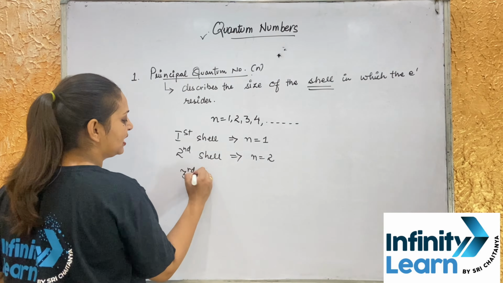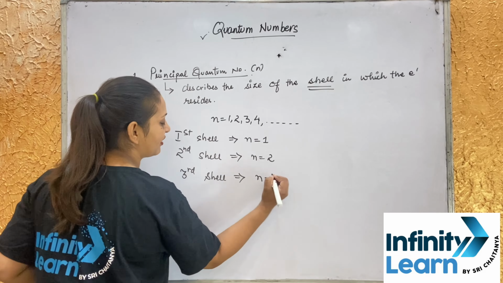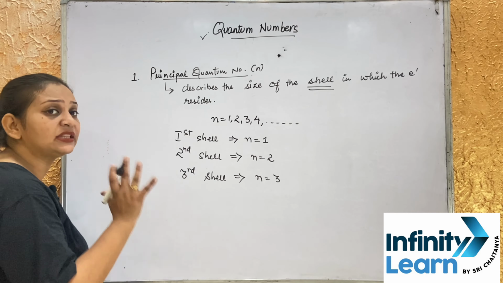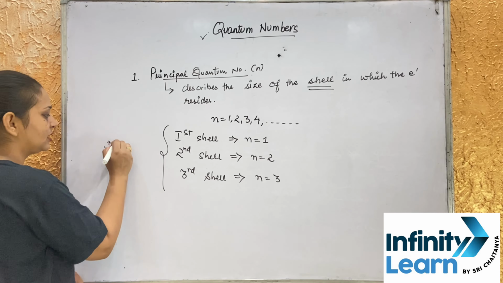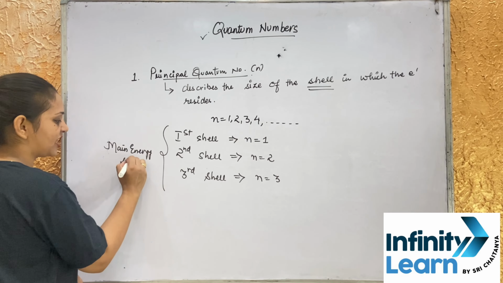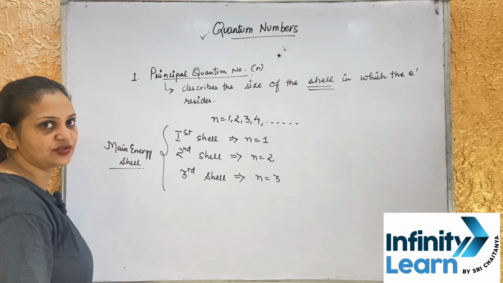And similarly, if the electron resides in the third shell, the value of n is 3. So it just tells us about the main energy shell in which an electron resides.